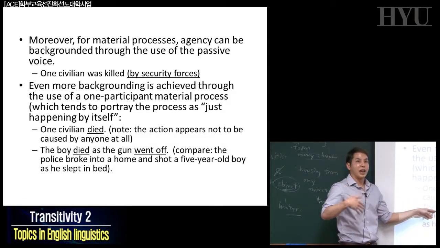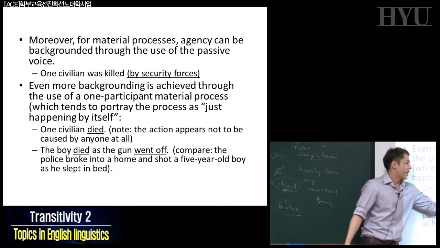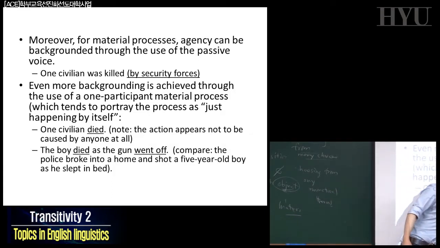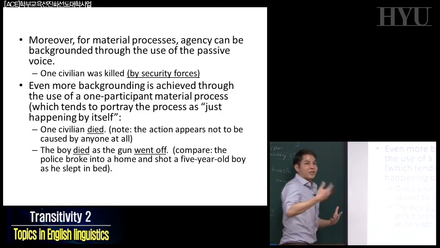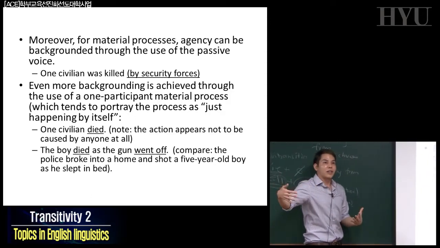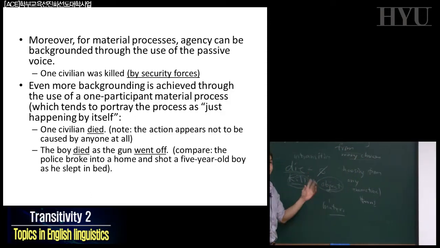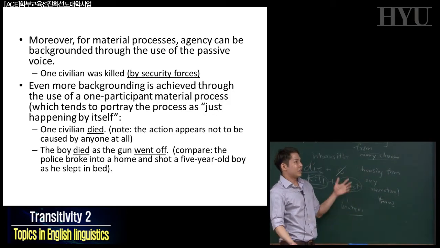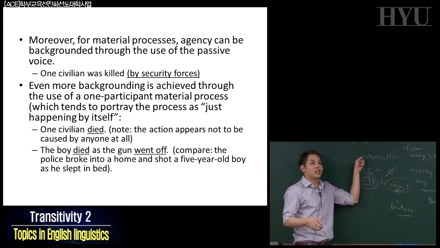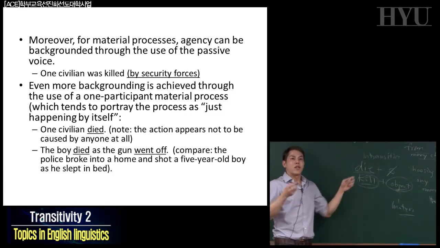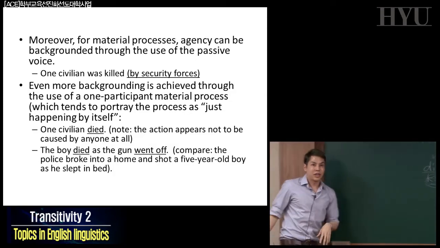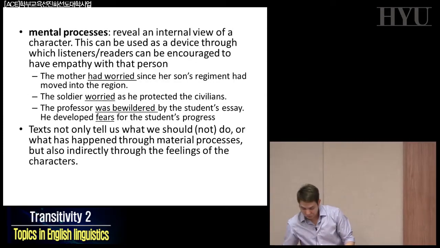Instead of the police killed the boy and so on, right? And the gun went off, it's just without any goal. Instead of saying he shot the gun at the boy and so on, right? So you can see different representations. And as I said, transitivity is just a way to choose from so many different choices, syntactic choices, right?